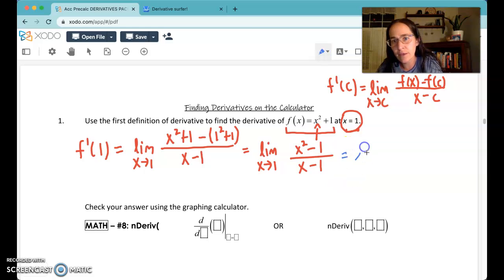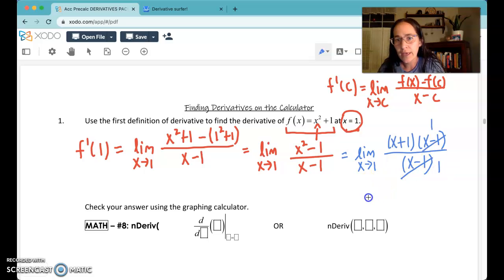So we'll say limit as x approaches 1 of this difference of squares factored, and that should get rid of our problem in the denominator. x minus 1 is reduced to 1. And you can do direct substitution. So according to the first definition of derivative, plugging in a 1 for x, we've got 1 plus 1 equals 2. Nice to get an answer.